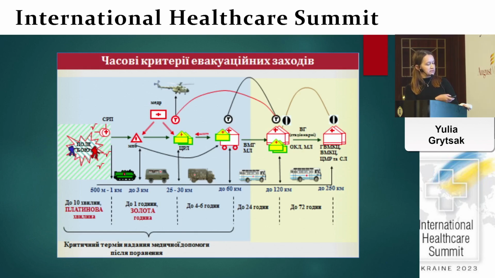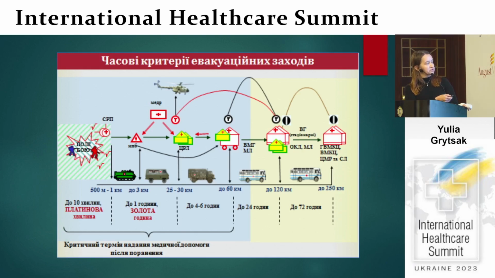So, as a result, we have this so-called long span of evacuation, long evacuation routes, which are used for transportation of the injured from the frontline hospitals to the safe area, skipping some of the elements of the conventional evacuation flow chart. This could involve some of the elements of specialist care.